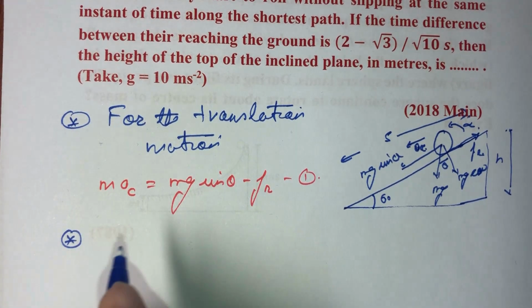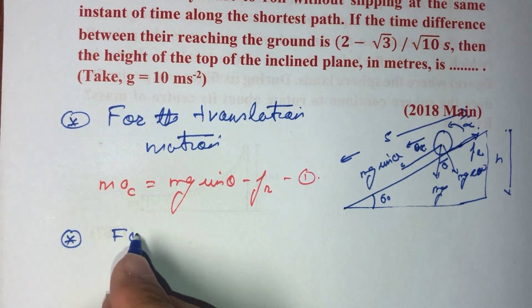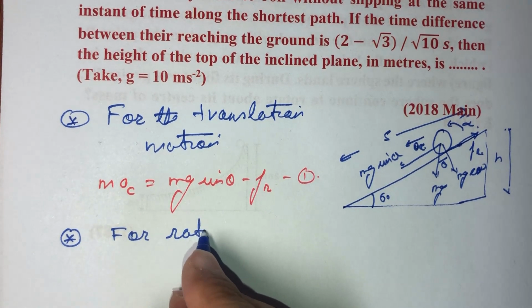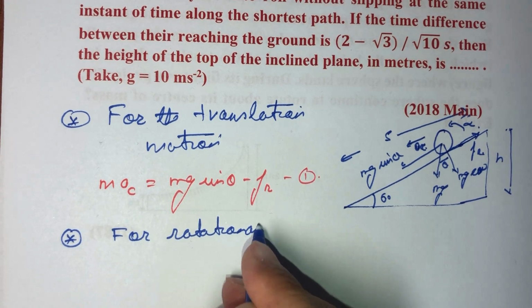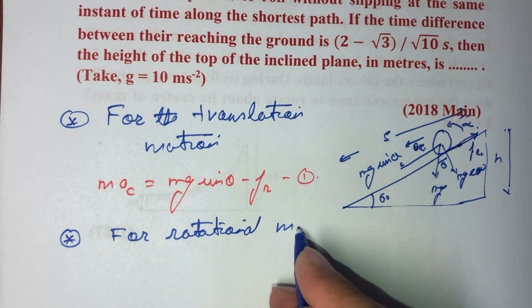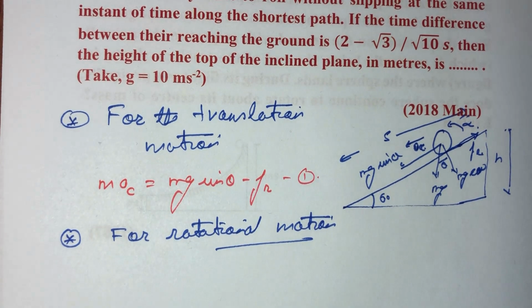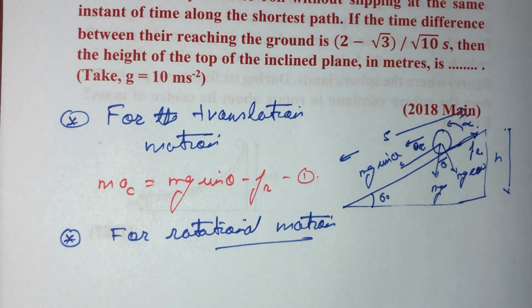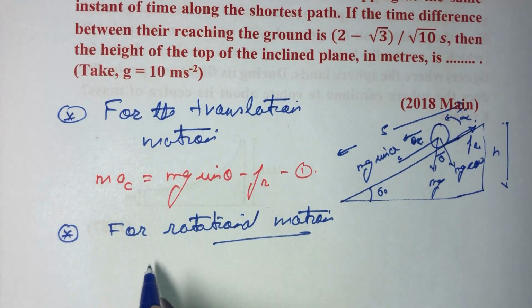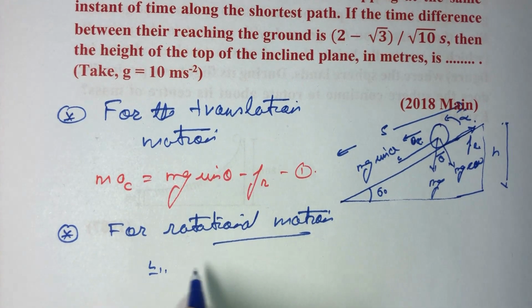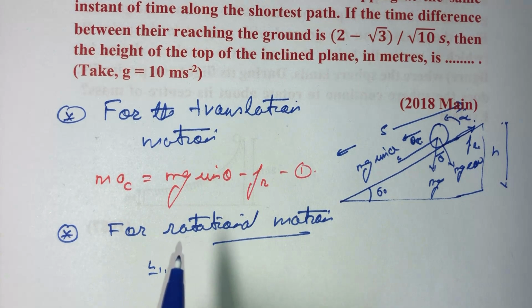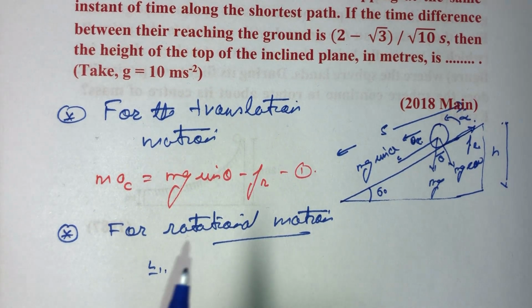For the rotational motion, it is said that the objects, both ring and disc, are rolling without slipping.